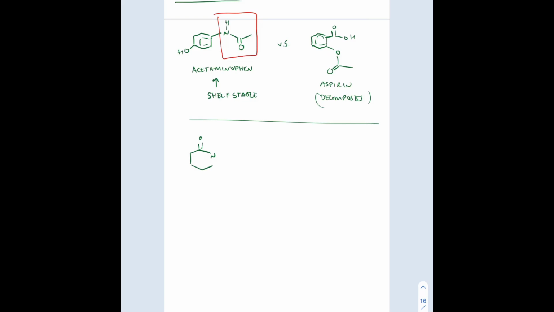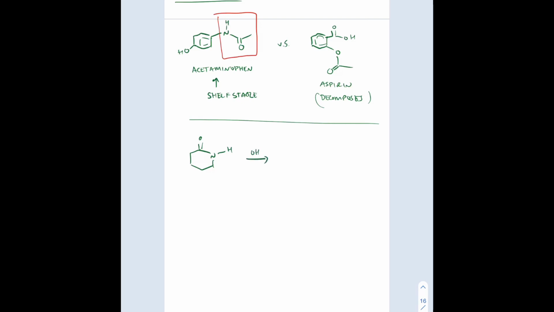Well, we just talked about how strong those amide bonds are and how we need harsh conditions like 100 degrees or higher. But the esters, those can easily be broken down in the presence of just a little bit of water. And so that's why over time the aspirin decomposes while the acetaminophen is stable.